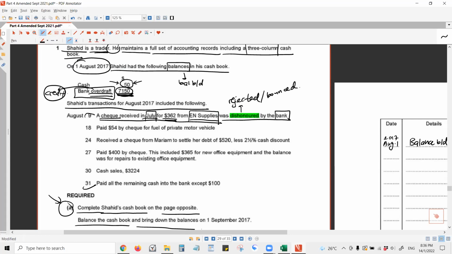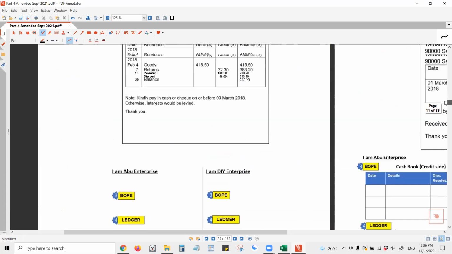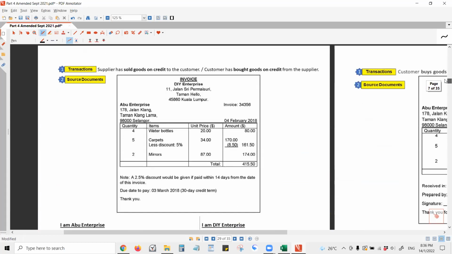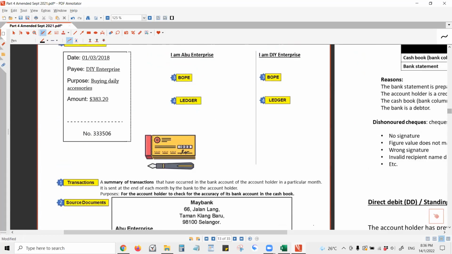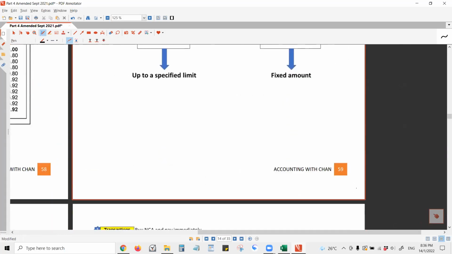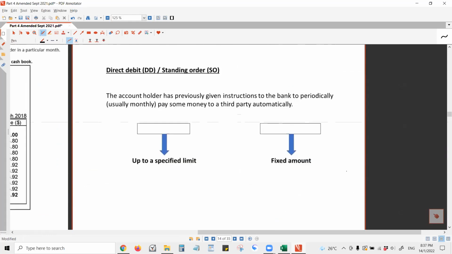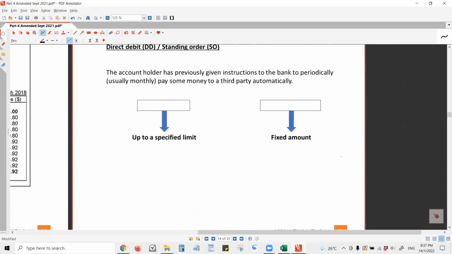How could a check be rejected by a bank? Why does the bank not accept the check? Due to a couple of possible reasons. I'll show you. You can go to page number 59.